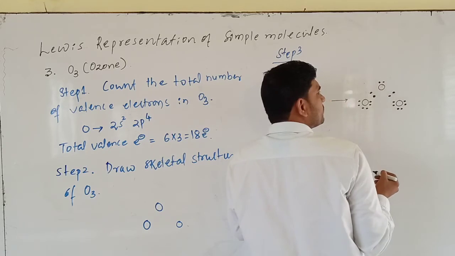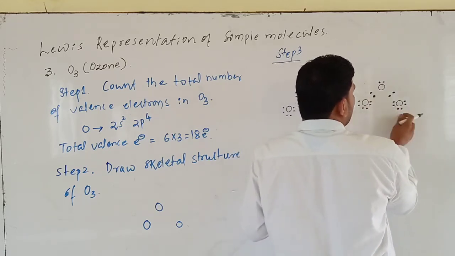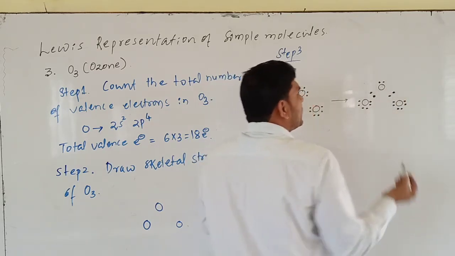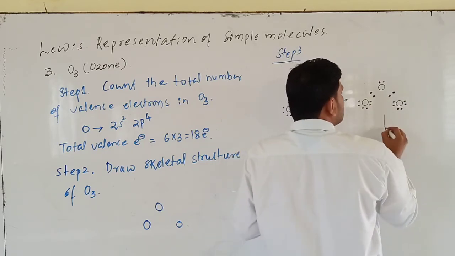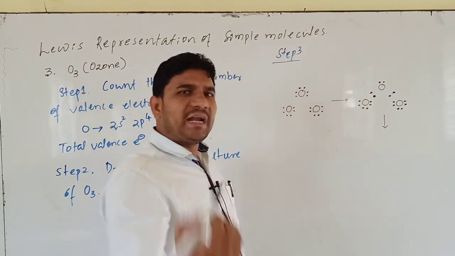Okay, now both terminal oxygen atoms satisfy octet, whereas middle oxygen doesn't satisfy octet. How many electrons are there? Only 6 electrons are there. Now resort to multiple bonding.